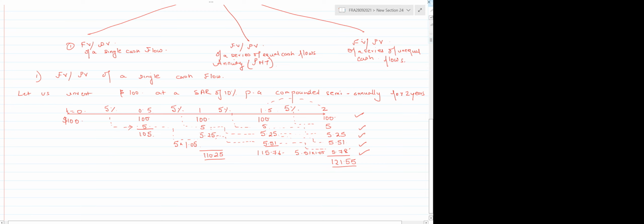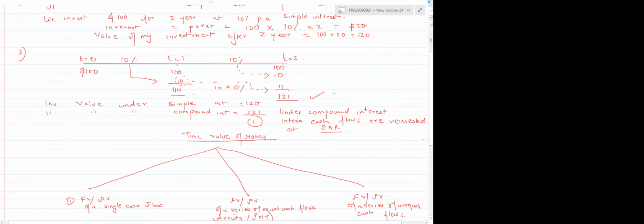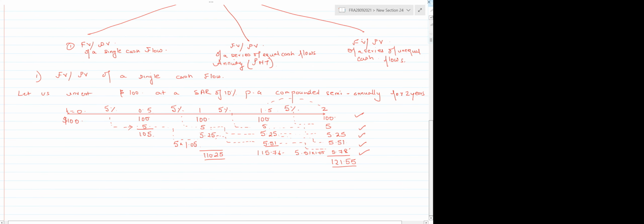Okay. So now, guys, see, I compounded my $100 for 2 years annually in this case. Yes, I was compounding every 1 year. So my $100 became 121 when I was compounding once a year, or per annum.